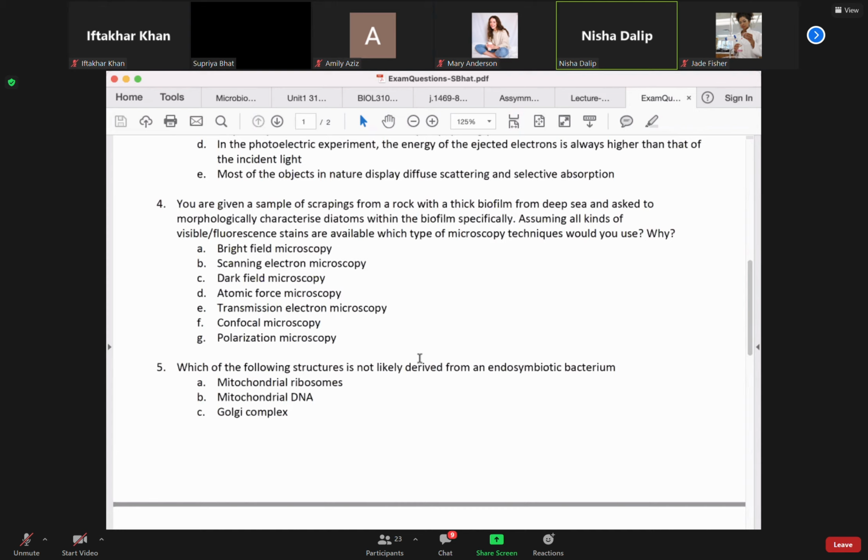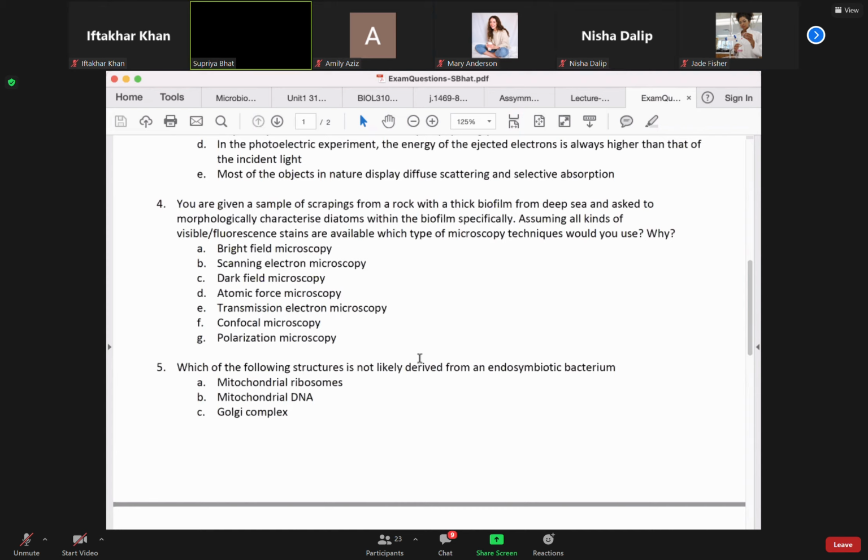So will we get partial marks? Yeah, like I said, I did give you partial marks. For TEM, I gave partial marks because it does take a slice through your biofilm, and then you would be seeing some diatoms. But SEM is not a good technique. Like I said, it only measures the surface.